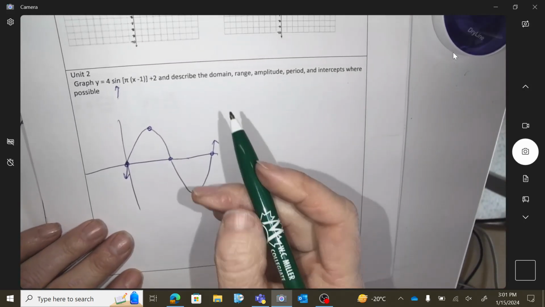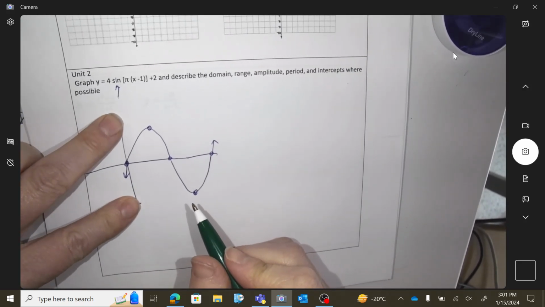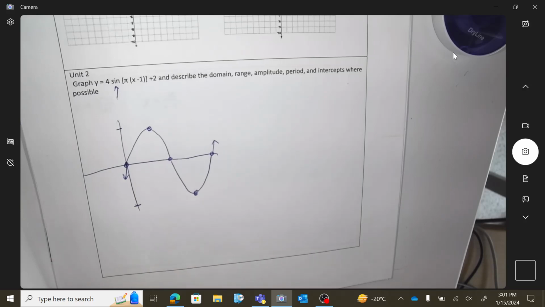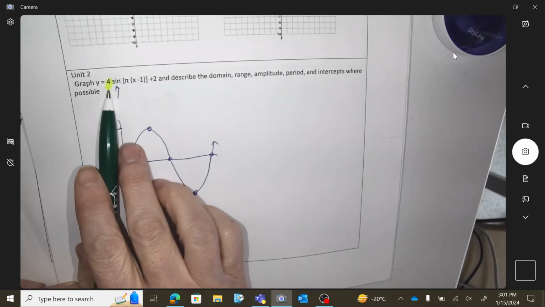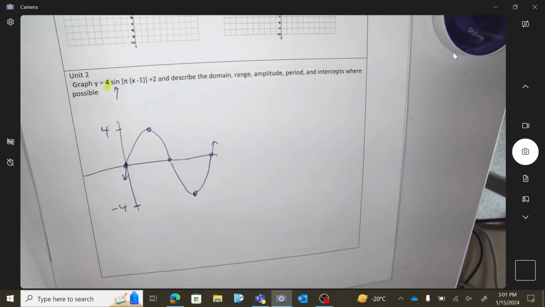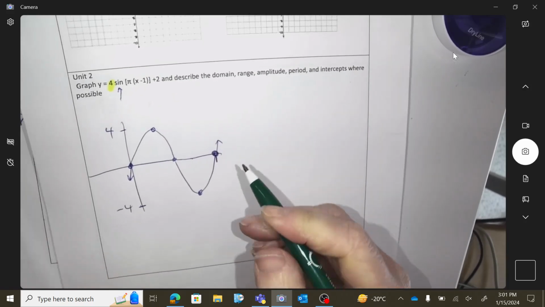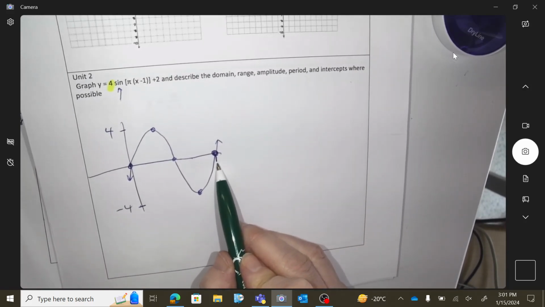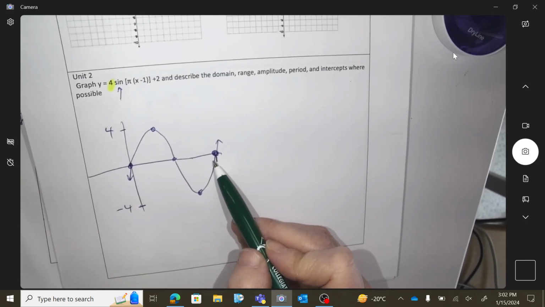Okay. Normally, this height and this height would be 1 and negative 1. Can we already stretch by 4, though? Is that okay to start with? Stretching by 4, instead of 1, I'm going to go to a 4. Okay, this coordinate here is the end of a cycle. It's called the period of the graph.